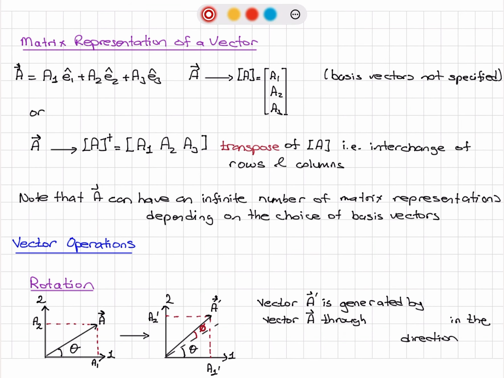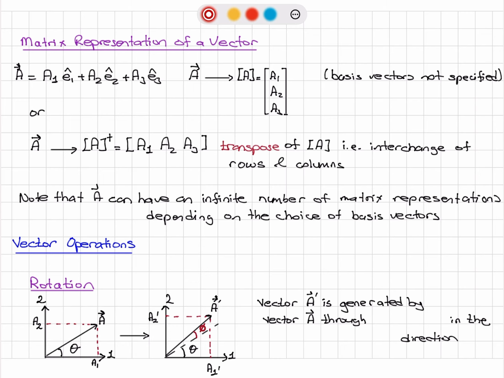So if these are ex hat, ey hat, ez hat, these would be i hat, j hat, k hat, the Cartesian basis vectors, for example. But we can have a different choice of basis vectors, and then these numbers will obviously change. So we can have an infinite number of different matrix representations depending on the choice of basis vectors.